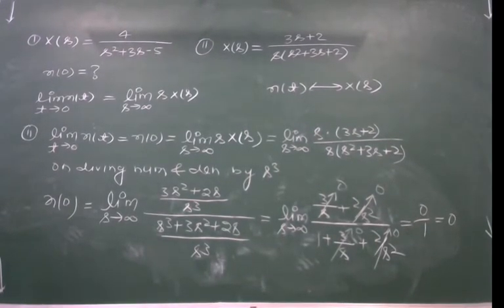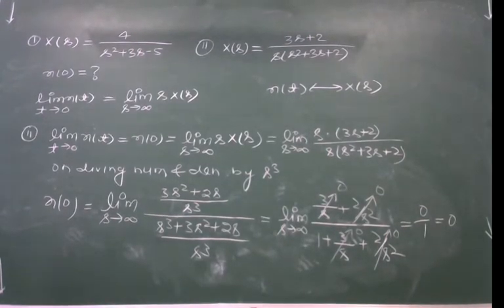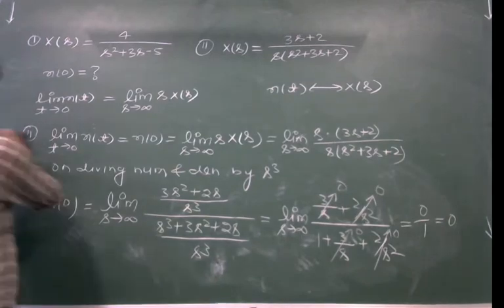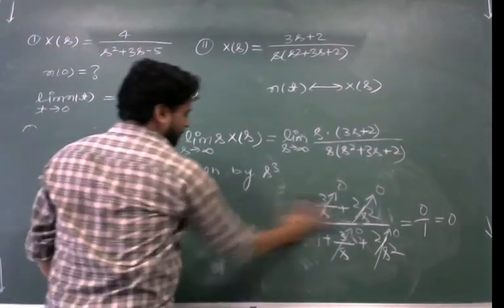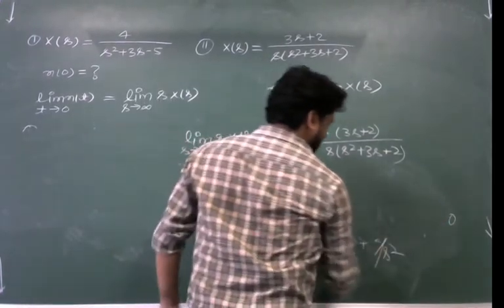Now the next example says: find x of infinity if x of s is given by, meaning we have to get the final value.